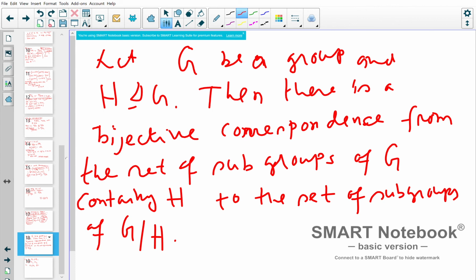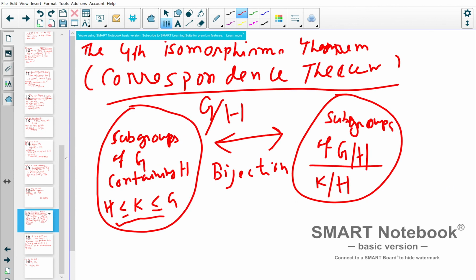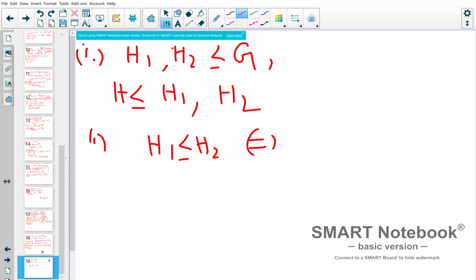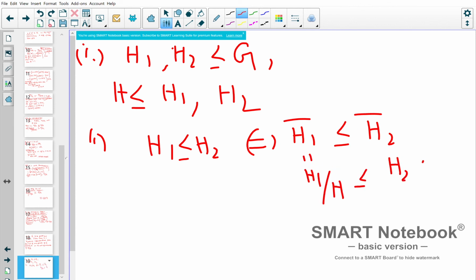Here maybe I can use the symbol K bar, where K bar is nothing but K mod H. So what does that mean? That means H1 mod H is a subgroup of H2 mod H. Okay, clear.